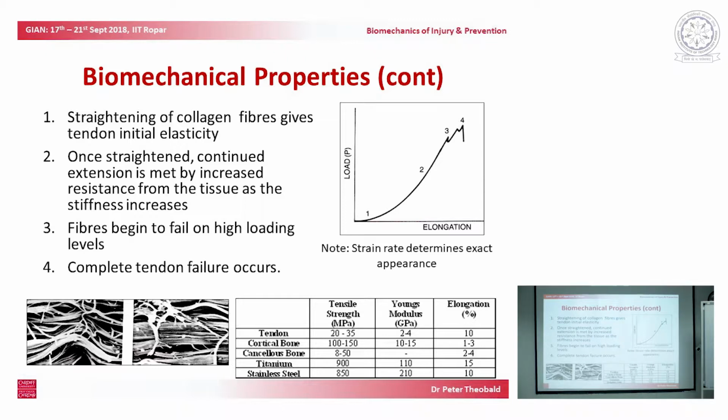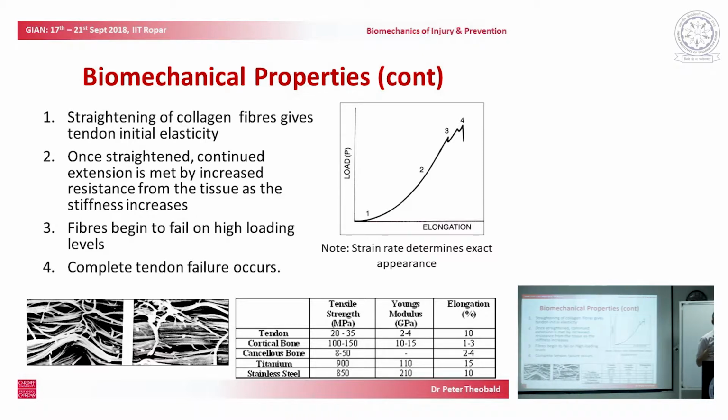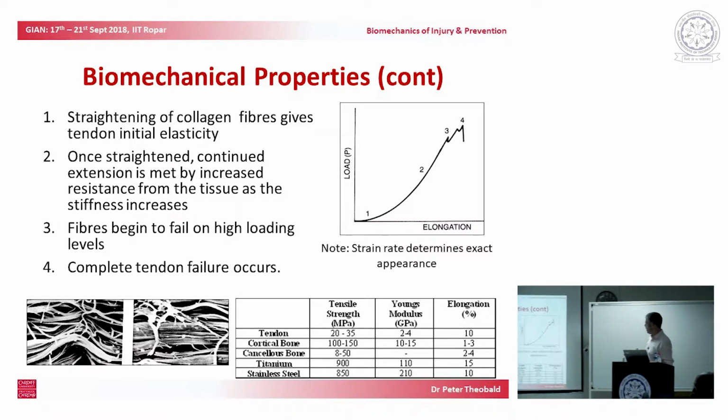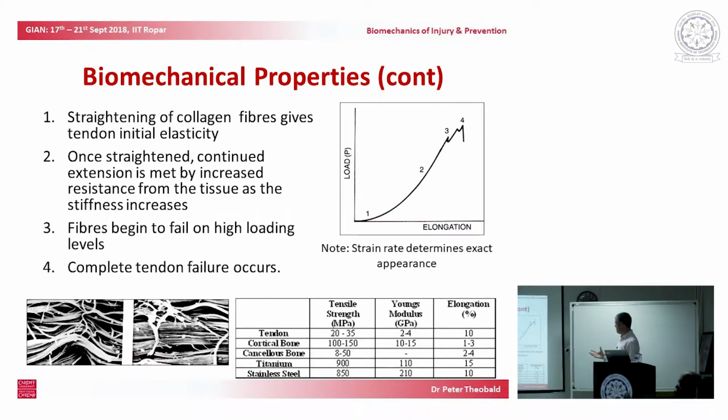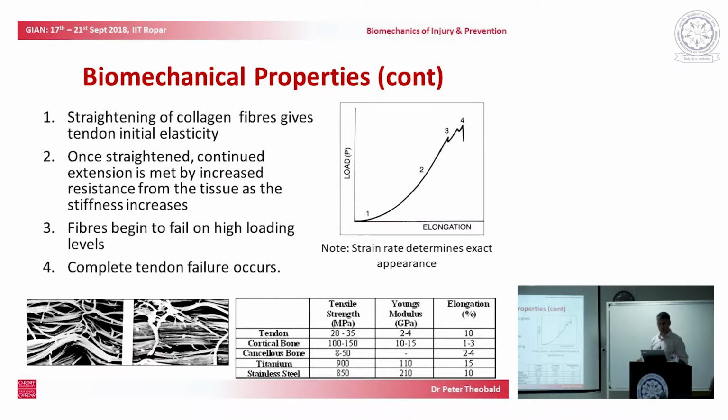If we were to leave the same load on the tendon, then it would eventually lengthen. And this can continue up until a point where we get failure. And so we'll have some fibers that fail initially, and then ultimately the tendon or the ligament fail entirely. The results of tendon or ligament failure tend to be catastrophic. They're slow at remodeling, and so repairing them is a lengthy process.